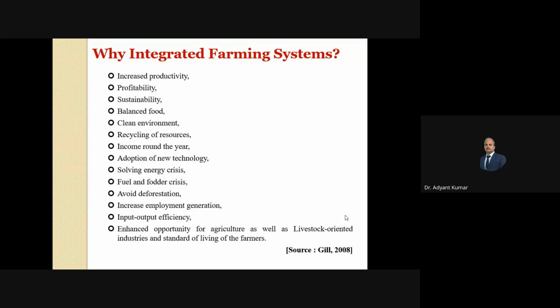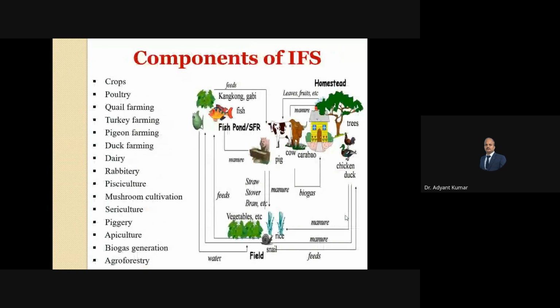We also avoid deforestation, and there is an increment in employment generation. These are the opportunities for agriculture as well as livestock oriented industry and the standard of living of the farmers.